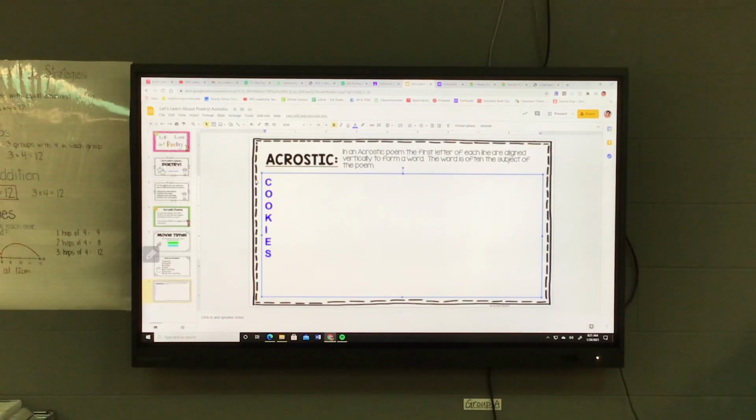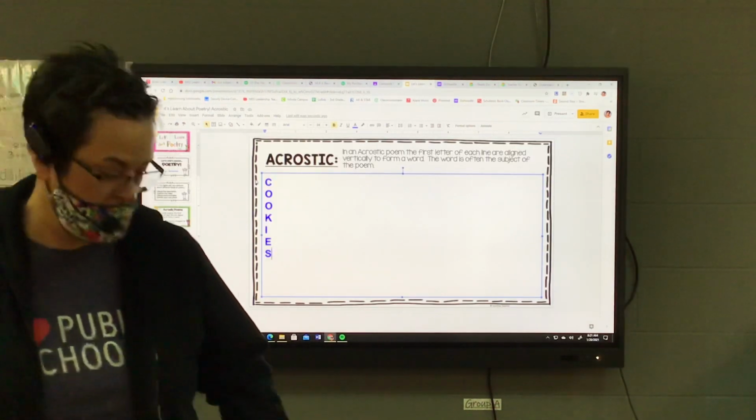All different kinds of words. This is kind of neat. Space has two S's. That has two C's in it. Is that spelled correctly?